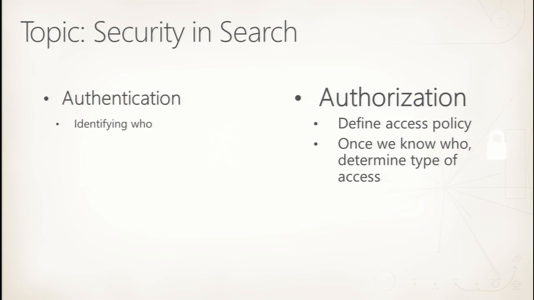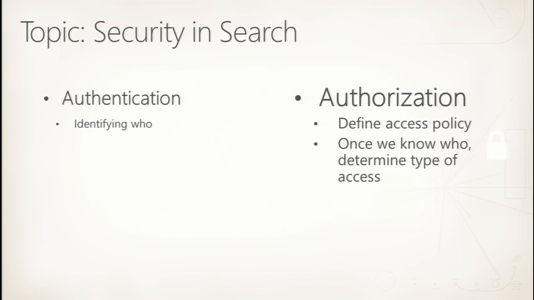Authentication is identifying who the user is. The user can be the end user. It can also be a service user of some sort. For us, it's no difference. And to be honest, the search core does not really do the authentication ourselves. We have someone do that for us, namely SharePoint STS, or Windows STS for that matter.